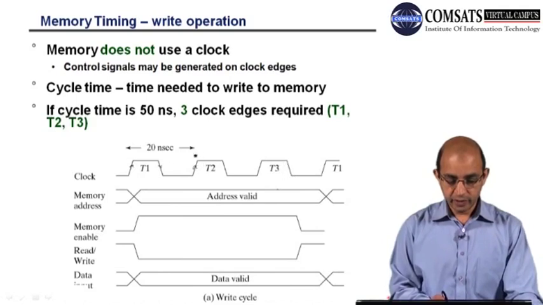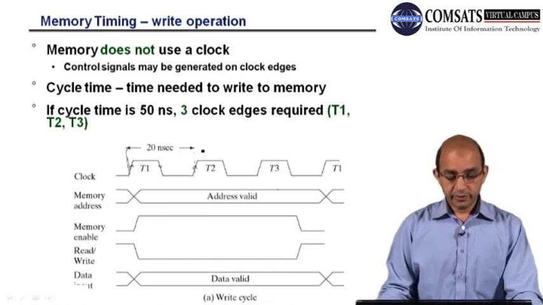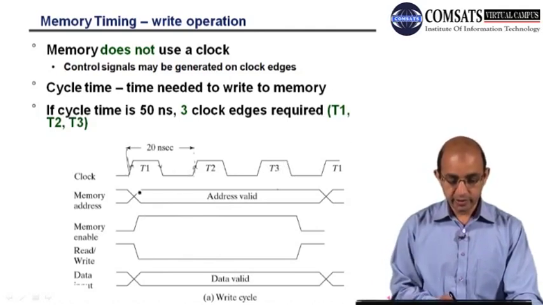From this to this, we have 20 nanoseconds of time. So 20 plus 20 is 40, and I need another clock. I cannot have a half clock whenever I talk about the clock, so it will be 1 clock. So I need 3 clock edges: T1, T2 and T3, because I will be talking about the edges.